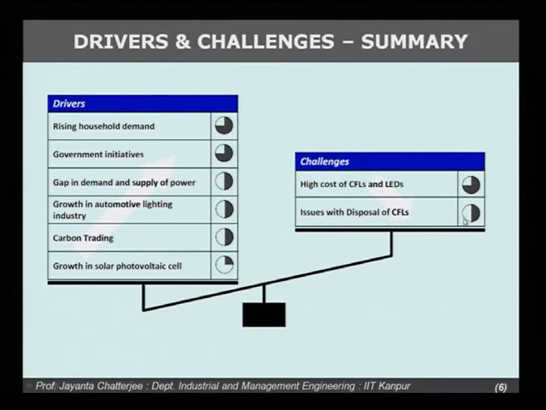And then the problems relating to disposal of CFL and the high cost of CFL.